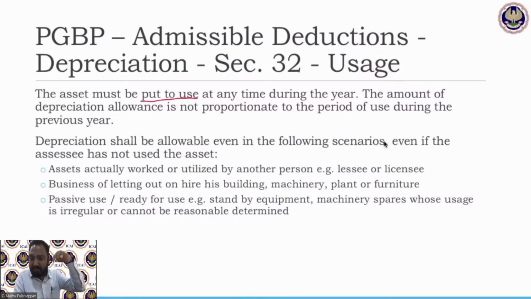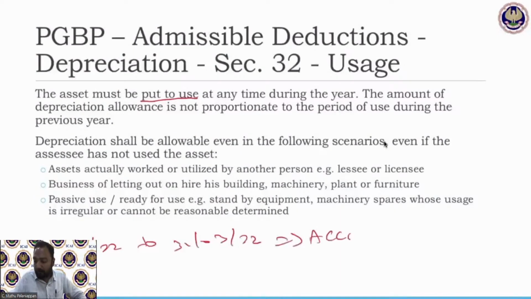If you have purchased the asset today, that is 15th November, what happens? The depreciation can be claimed from 15th November to 31st March. So it's like 15/11/22 to 31/3/22.